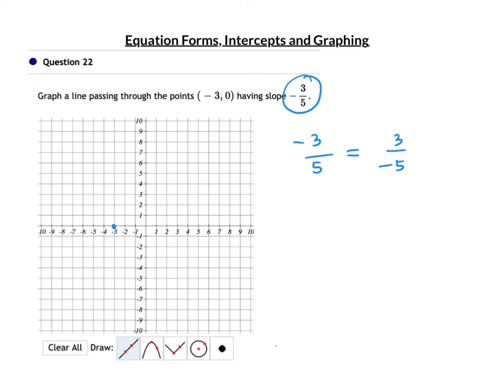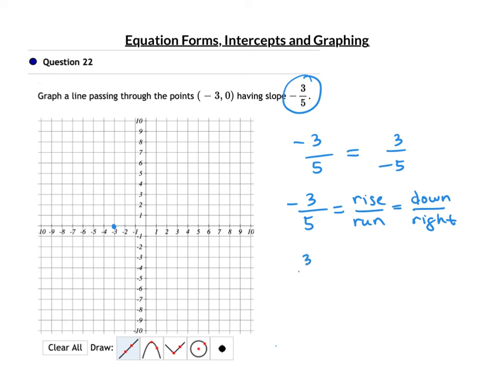However, what you do will matter in the direction you go. If you put the negative up top, your rise over your run of slope, the rise ends up being down because of the negative, and the run is positive 5, that would be to the right. Think of the x-axis, positives are to the right.